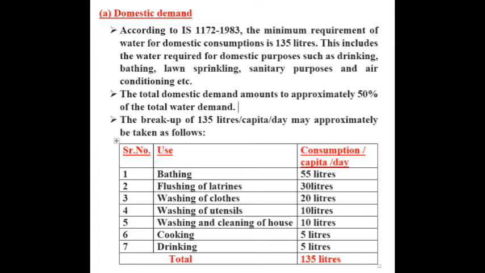For washing and cleaning of house, 10 liters are required. For cooking, 5 liters are required. And for drinking, 5 liters are required per person per day. Addition of all these requirements of water is 135 liters per day per person.